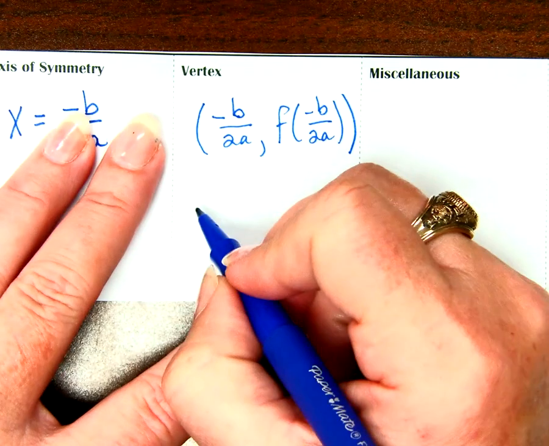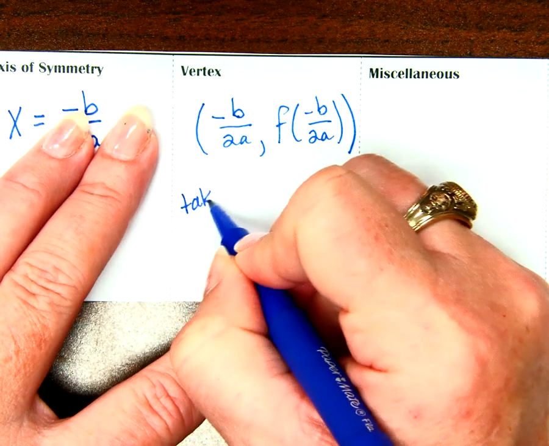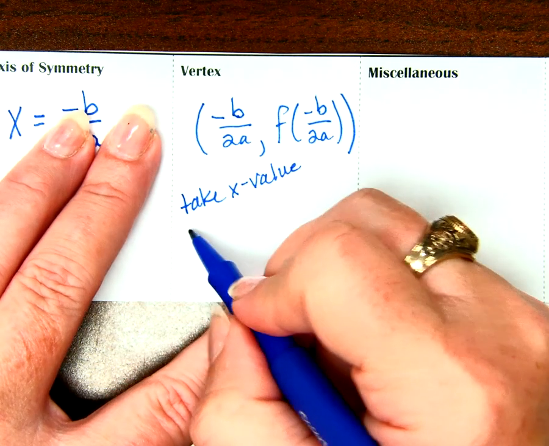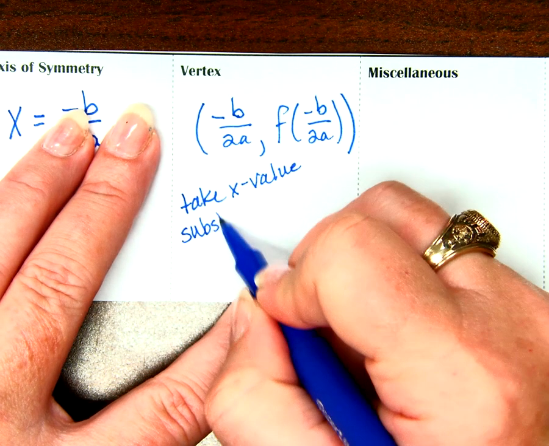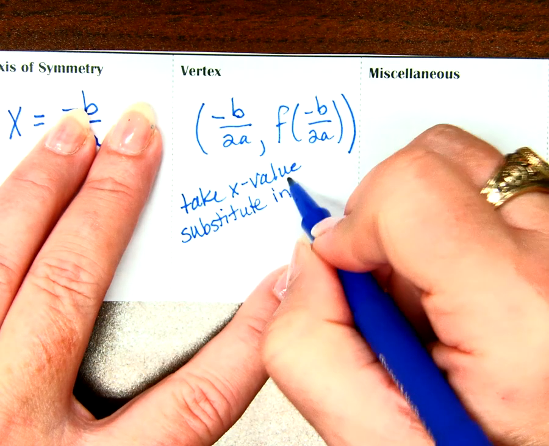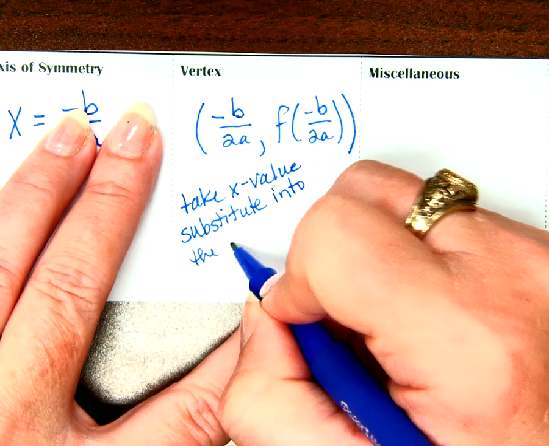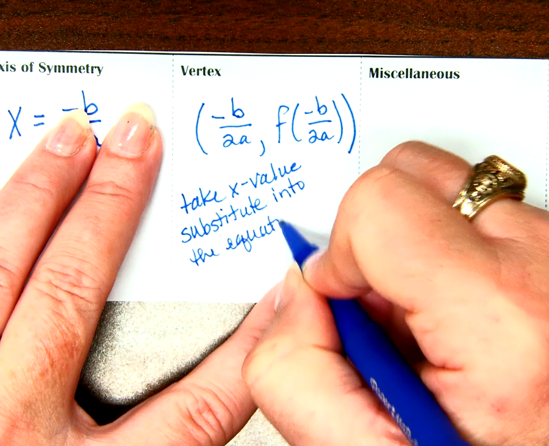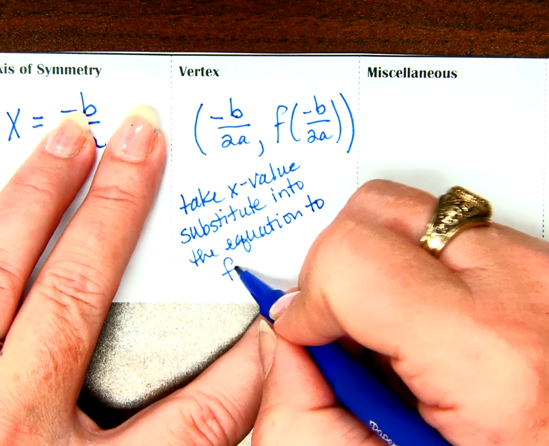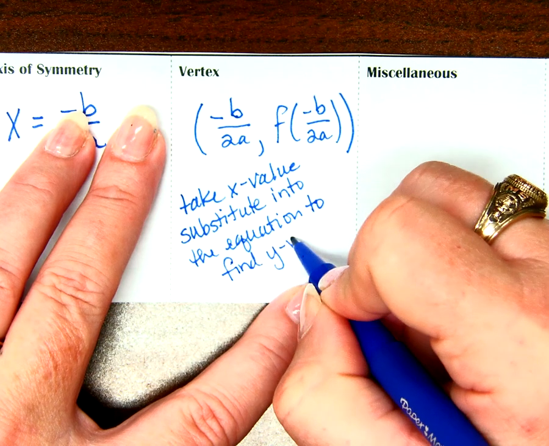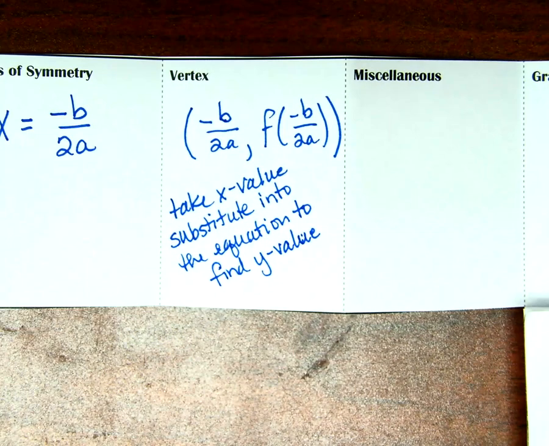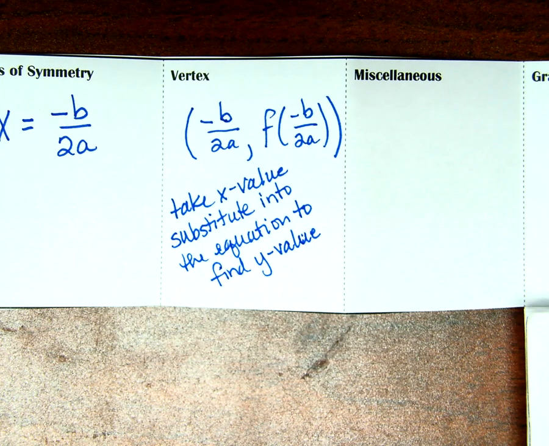So we take the x value, and we substitute into the equation to find the y value. This is just like the mathy way to write that. Okay?